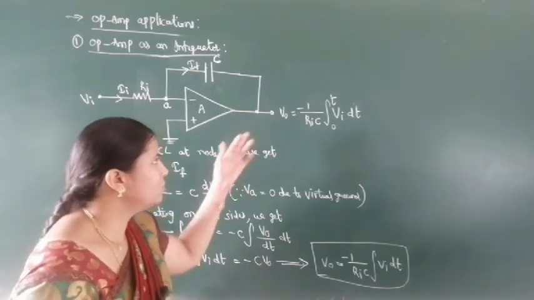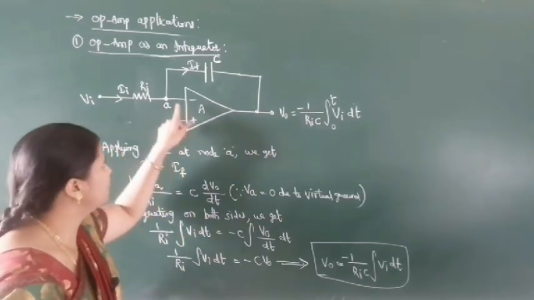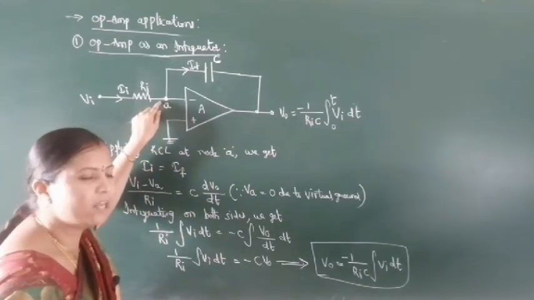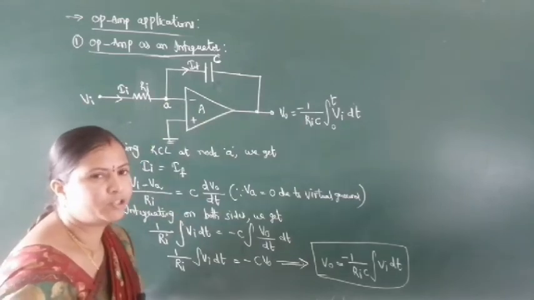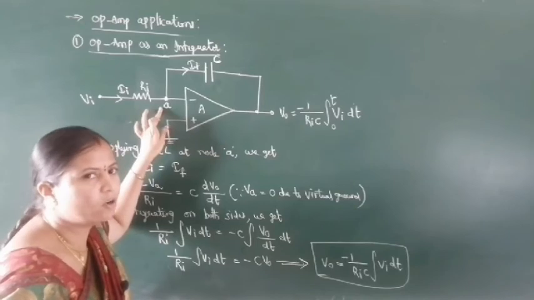It is used to perform the mathematical operation of integration. So to find out the output voltage, we have to apply Kirchhoff's current law at node A. Now here also there is a concept of virtual ground at the junction or node A. What is the virtual ground concept?